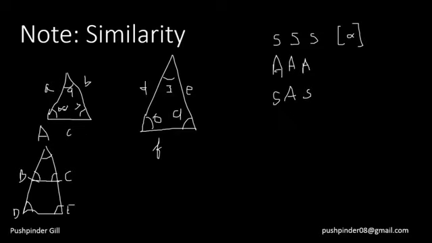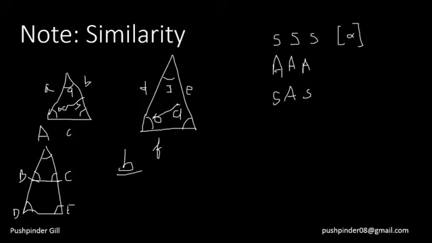Now I know that these two triangles are similar. How do I know that? Because all the three angles are the same. Now I can say which sides would correspond: the sides opposite to the same angles. What is opposite to 60 here? B. And what is opposite to 60 here?